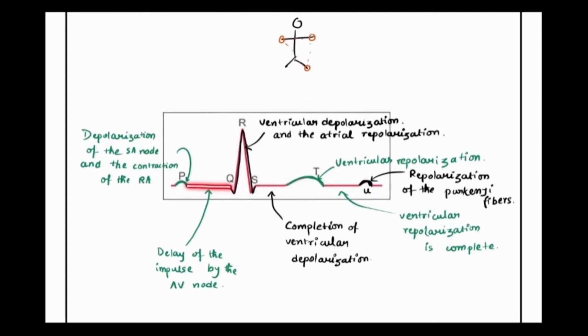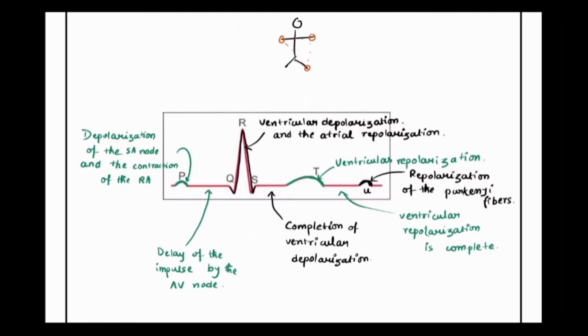So this delay signifies that the AV node is delaying the impulse, because the complete blood that was present in the atrium is drained into the ventricles.